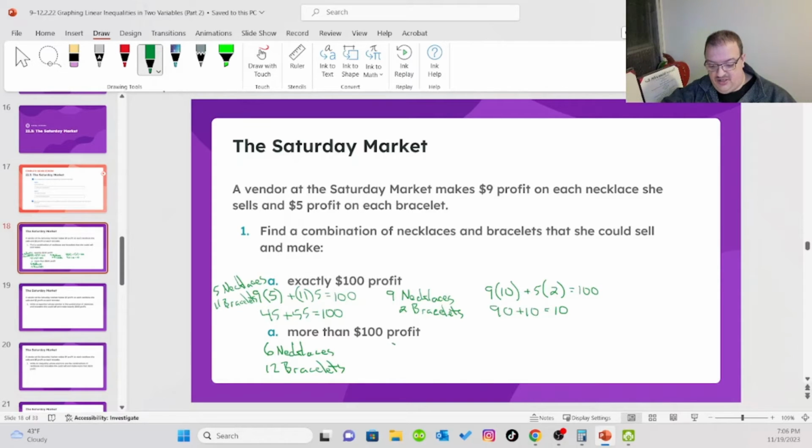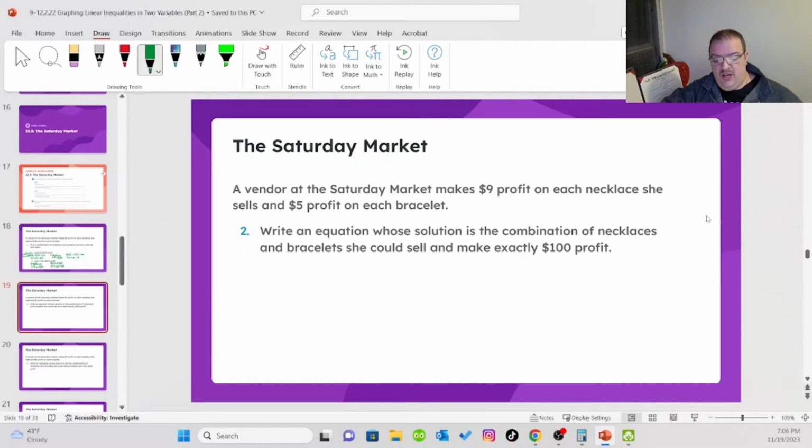This combination would be 9 times 6 plus 5 times 12. 9 times 6 is 54. 5 times 12 is 60. And that equals $114. So that's one example of a combination.